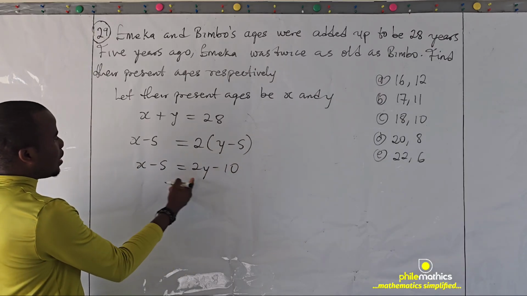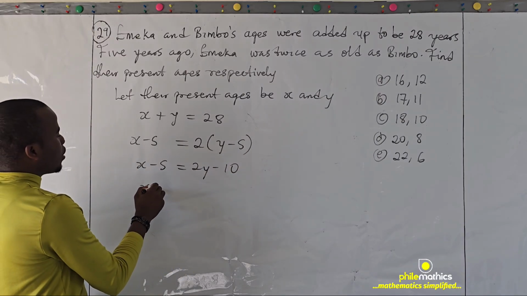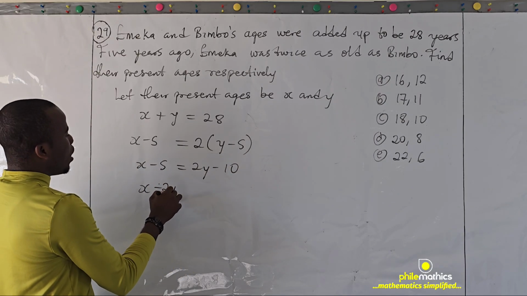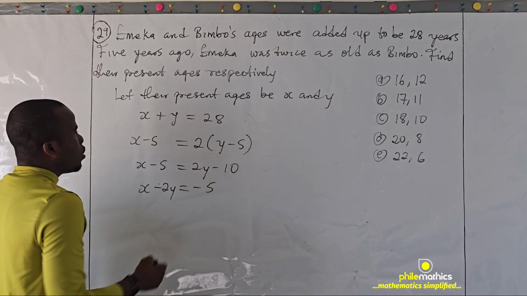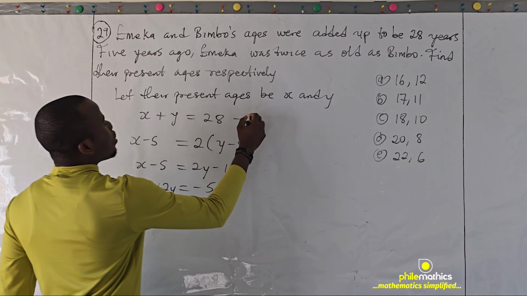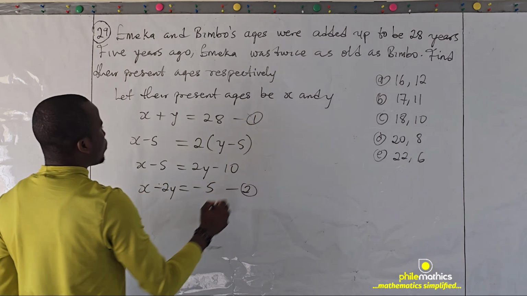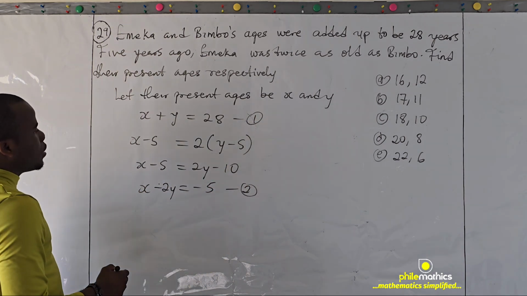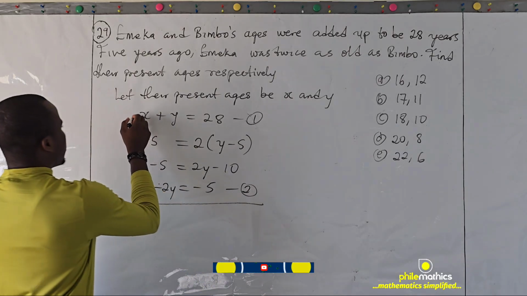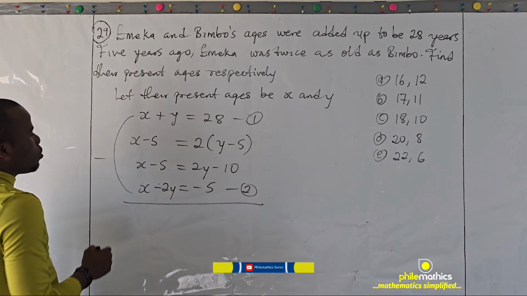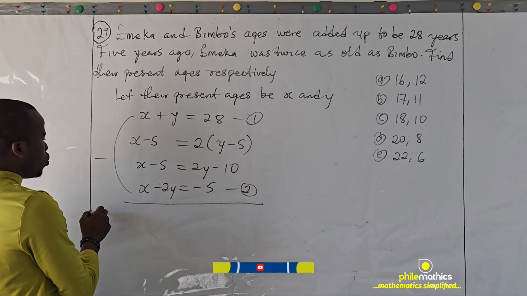If I take this to the left hand side, I have x minus 2y equals minus 10 plus 5, which is minus 5. So if I call this equation 1 and call this equation 2, I can subtract equation 1 minus equation 2.